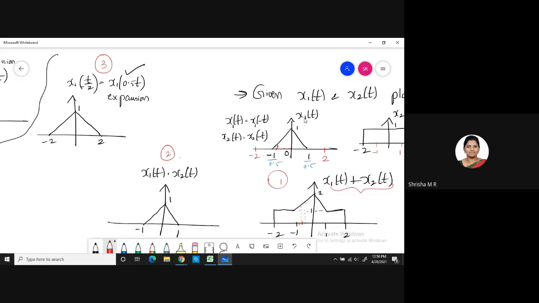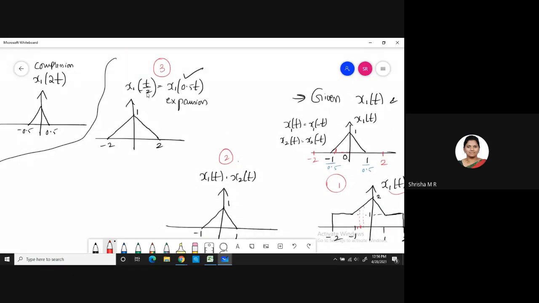So wherever you have x1 of t, divide the time interval by that scaling factor. Minus 1 by 0.5 is minus 2. 1 by 0.5 is 2. So the signal has expanded. If you scale t with a fraction, the signal will get expanded. Suppose you have x1 of 2t, and the signal exists from minus 1 to plus 1. You divide these time intervals by 2, so minus 1 by 2 and 1 by 2. What do you get? 0.5, correct?